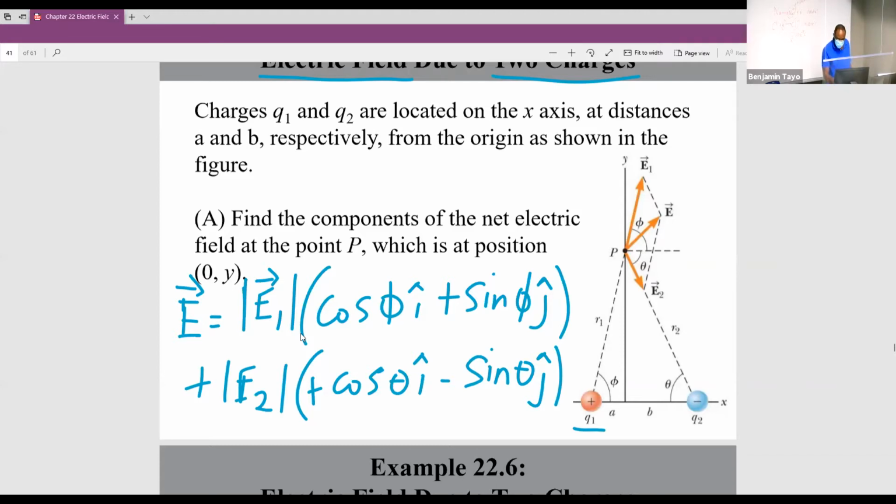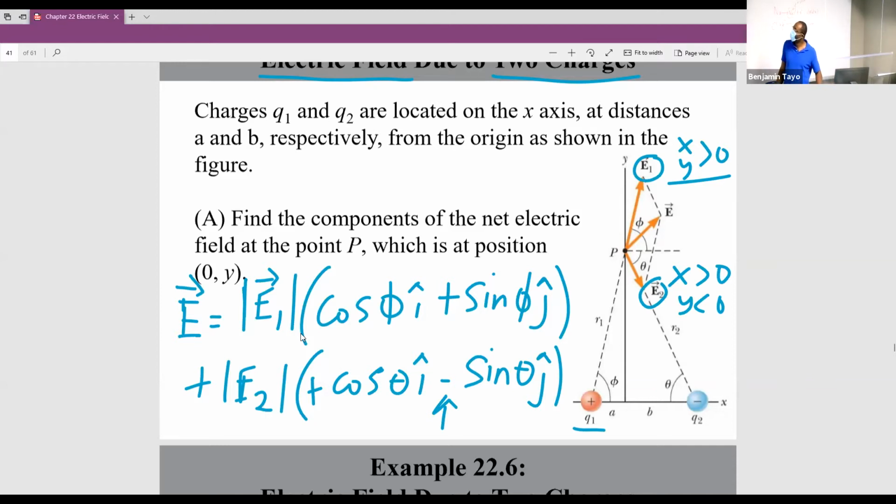Now look at this vector here. The x and the y components are greater than 0. But if you look at this vector here, the x component is greater than 0, the y component is less than 0. That's why you have a negative sign right there.